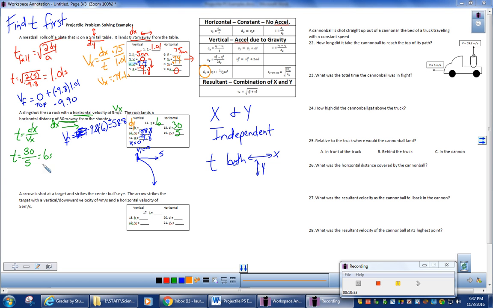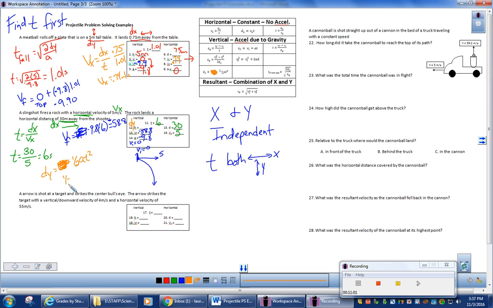So my vertical distance, or my height, is equal to my initial velocity times time plus 1/2 times my acceleration times the time squared. And again, we start at rest, so I don't need this part. I can simplify my equation to show us how far we're falling. So I can always kind of cut out that part when we're falling.